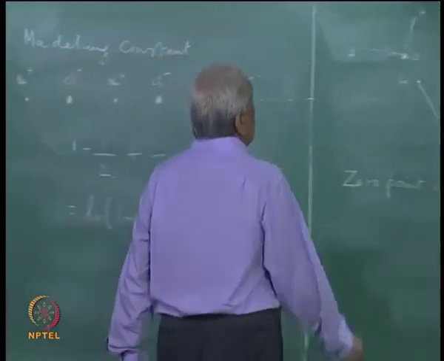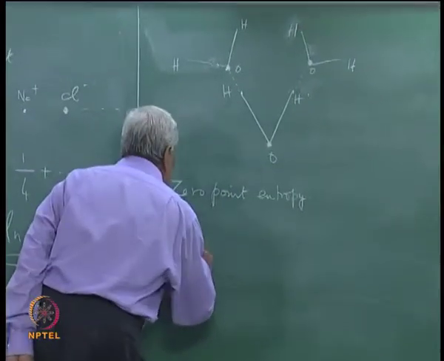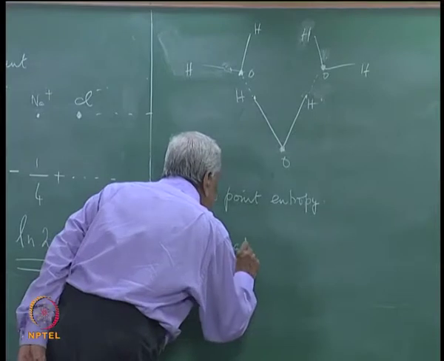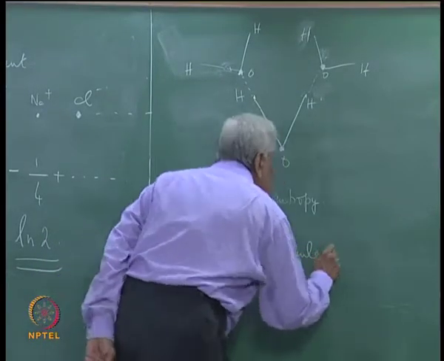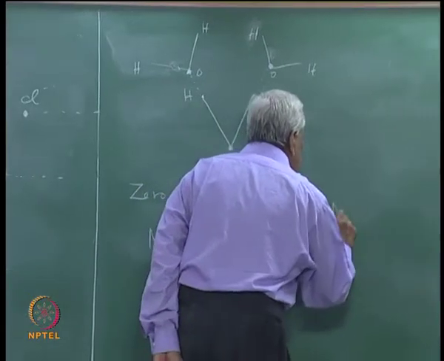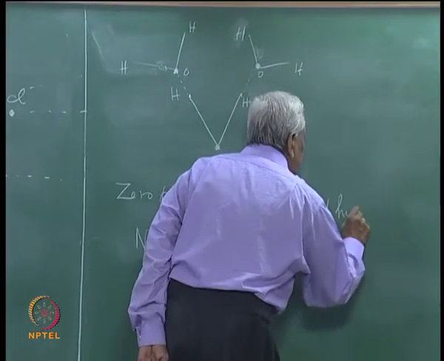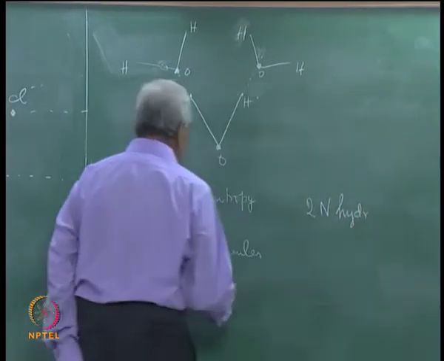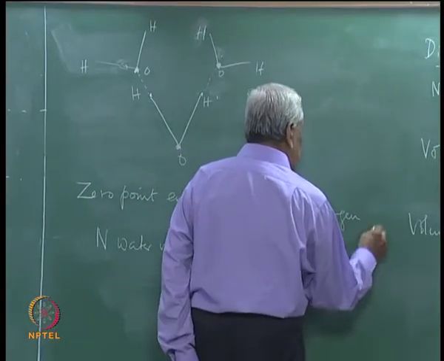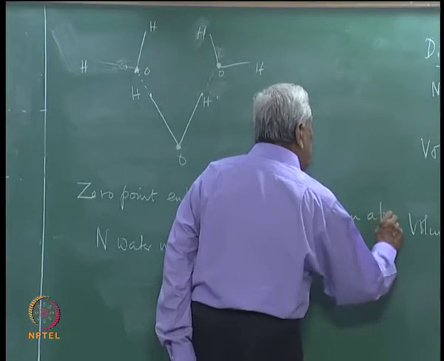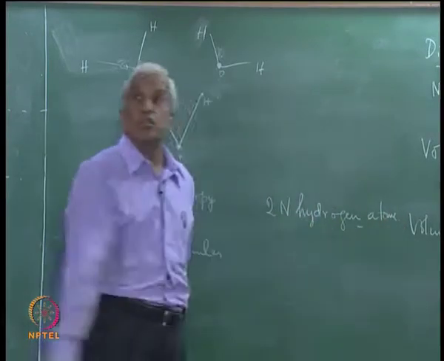So, if there are n water molecules, then there are 2n hydrogen atoms, because each water molecule has 2 hydrogen atoms. Therefore, there are 2n hydrogen atoms in total.